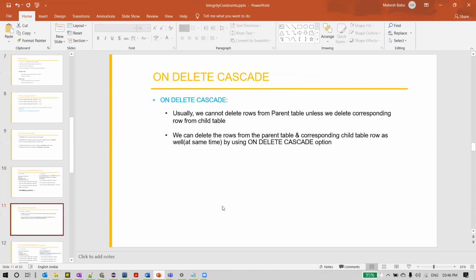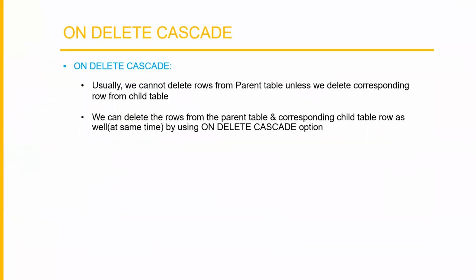On the deletion part, we need to know something. Say for example, we have some primary key and foreign key defined. Now for some reason I wanted to delete some row in my parent table. So what should happen, as the child table is referencing the parent table? What should happen to the child table column values which are defined as foreign key?